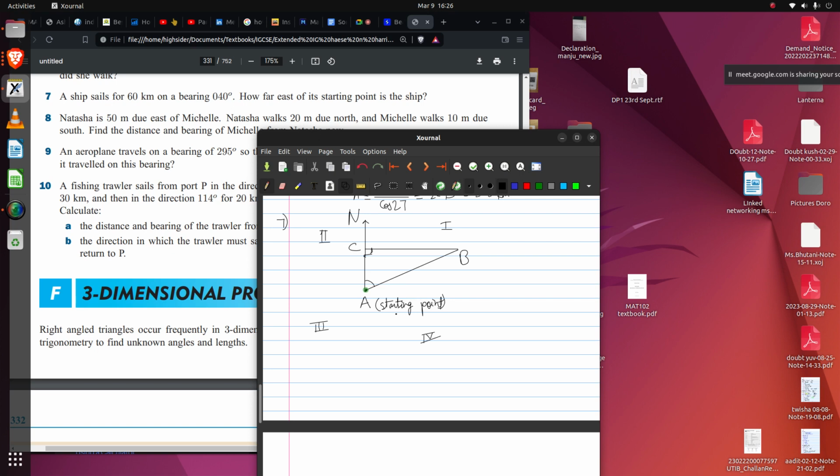Okay. So you think this angle will be 40? Yeah. Okay. And then AB. Do I know what AB is?